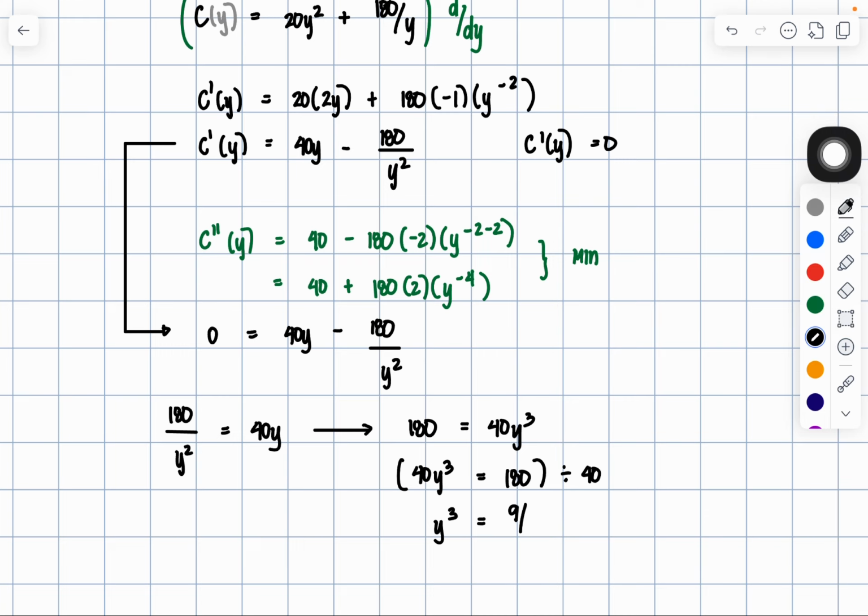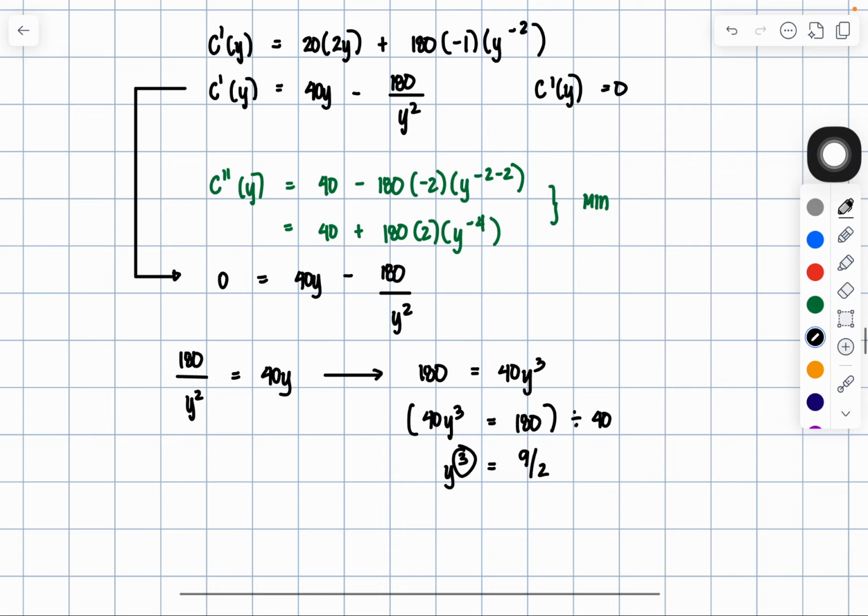So, this is 9 over 2. Gusto ko matanggal yan, so multiply ko lahat ng raised to 1/3. So, y now is equal to the cube root of 9 over 2. Yan na yung na-solve nating value ni y, yung height ng box mo na magbibigay ng cheapest cost.